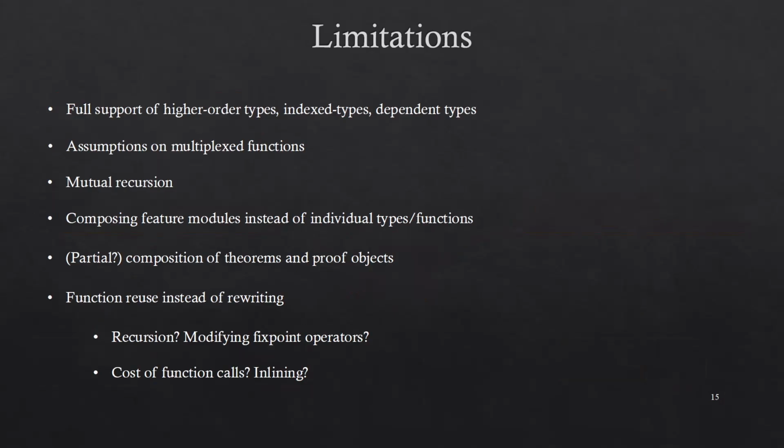And again, the assumption on multiplexing functions: I'm assuming that the functions being composed are just doing very simple pattern matching on one argument. This is an assumption that should be relaxed. Mutual recursion is not supported right now, but it should be relatively easy to add.